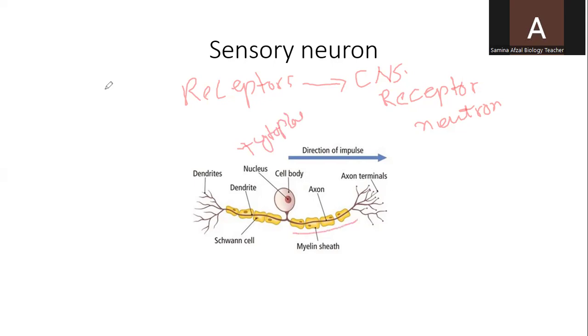The axon is covered by the myelin sheath, and the myelin sheath is made up of Schwann cells. The axon ends are called axon terminals. So this sensory neuron takes the messages from the receptors towards the central nervous system. So they are called receptor neurons.